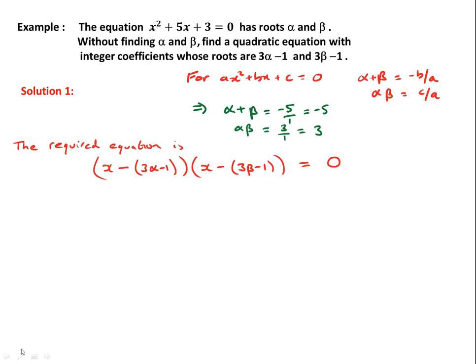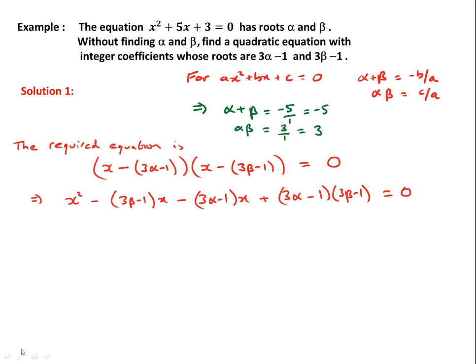That certainly has solutions of x equals 3 alpha minus 1 and x equals 3 beta minus 1. If we multiply that out, we get x squared minus (3 beta minus 1) times x minus (3 alpha minus 1) times x plus (3 alpha minus 1) times (3 beta minus 1) equals 0.